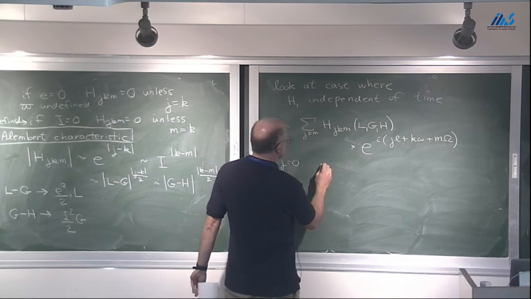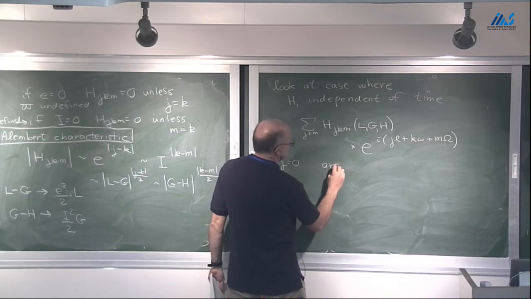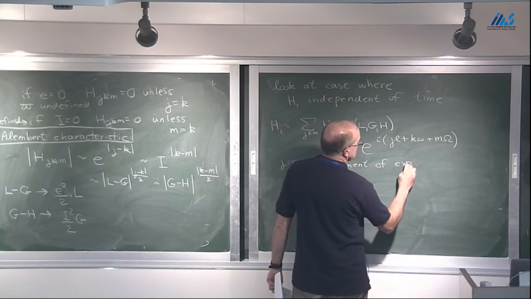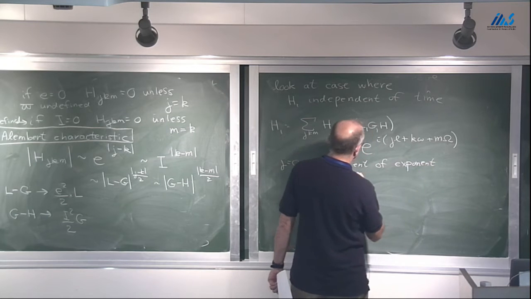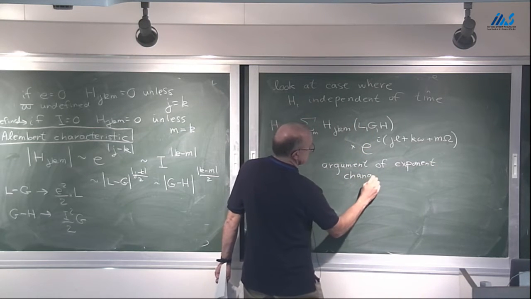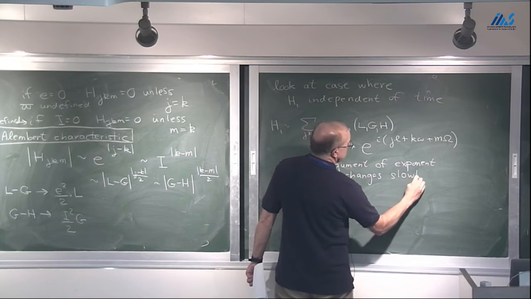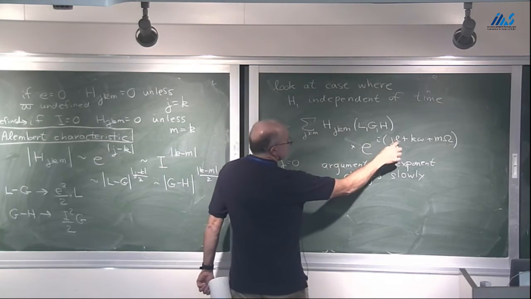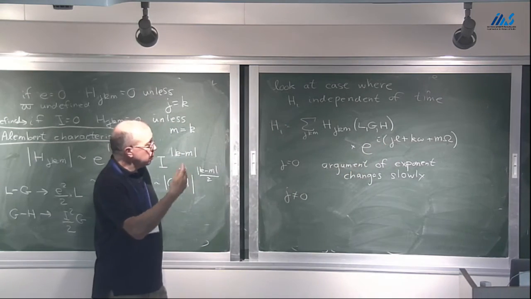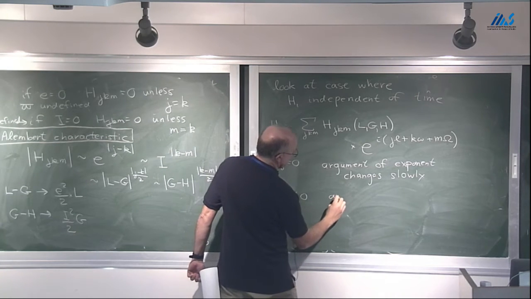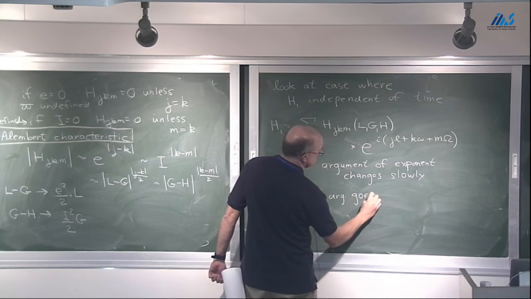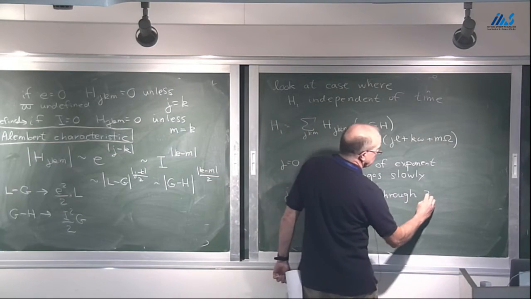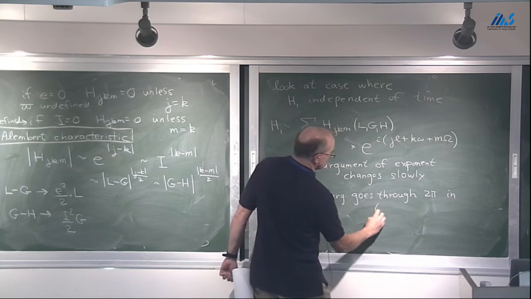So if J is 0, the argument of the exponent changes slowly. And if J is not equal to 0, the argument goes through 2 pi in a time which is the orbital period.